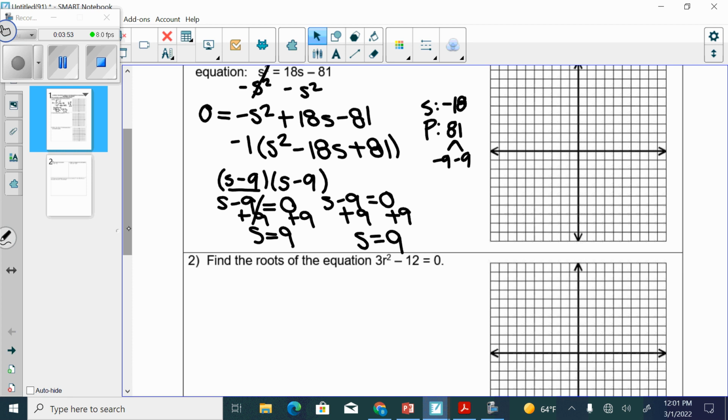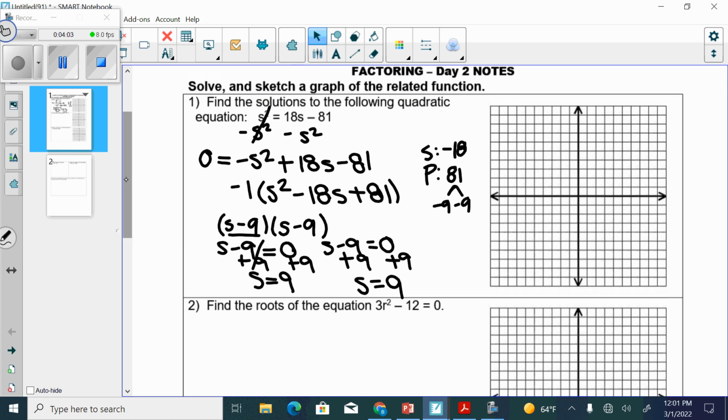So that means we have a root or a solution or an x-intercept at 9. So I come over here. This is an x-intercept. It's where it touches the x-axis, this line here. And I give myself a 0 at 9. Do we have any others? No, that's the only one we came up with.